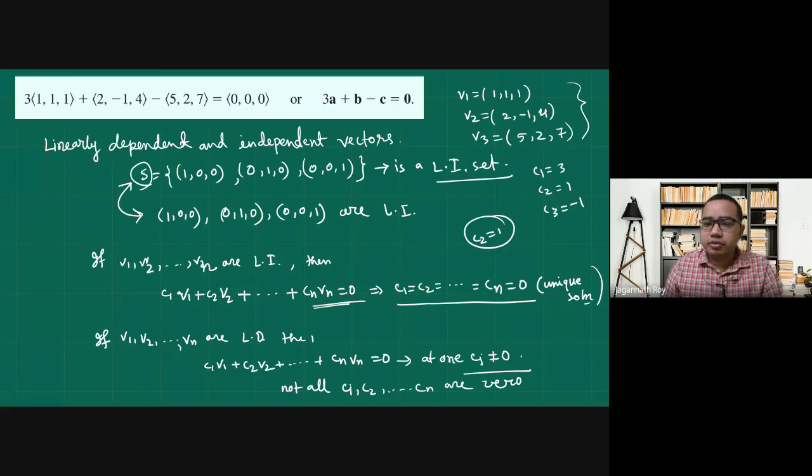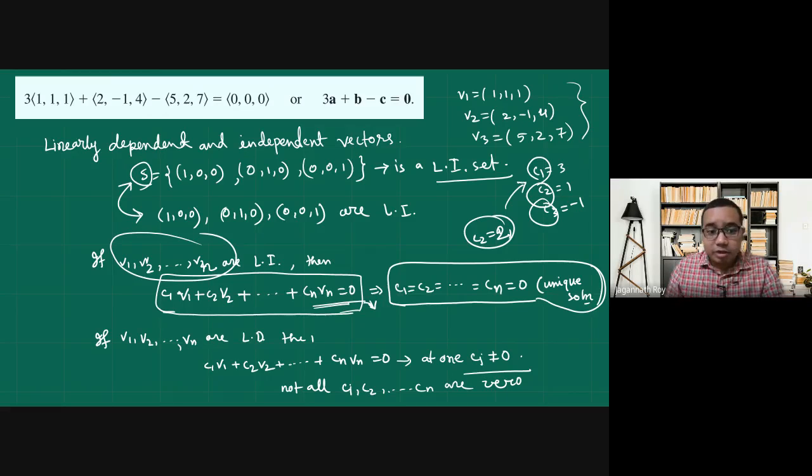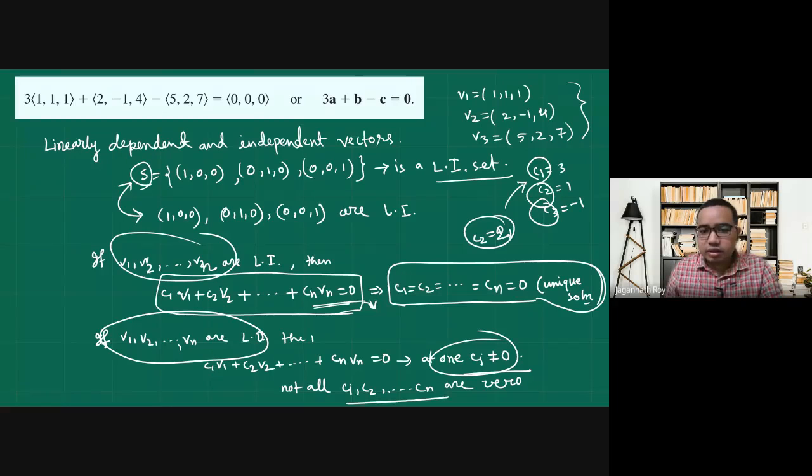If we had selected C2 equal to some other value, 2, 3 or something else, then we would have different values of C1, C2, and C3. So after solving this linear combination we get a system of linear equations. We get a unique solution if they are linearly independent, but if they are dependent, there will be more than one solution, since at least one coefficient is non-zero.